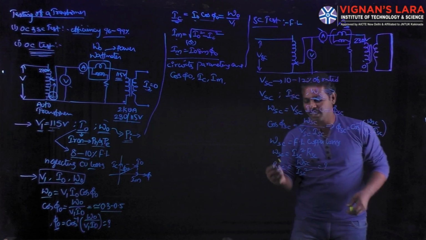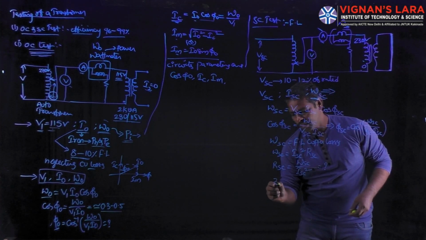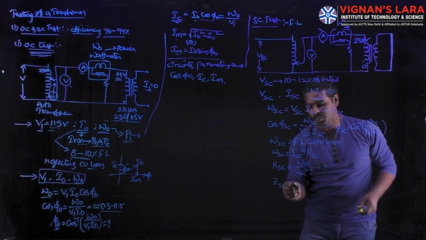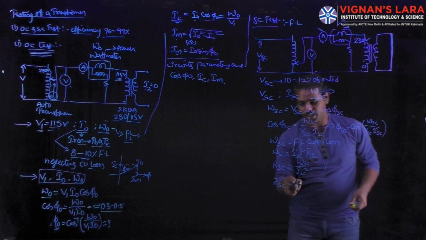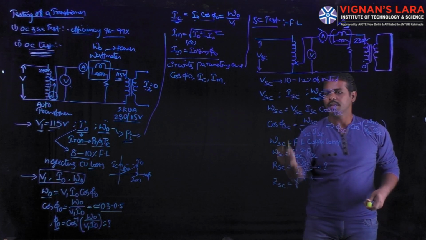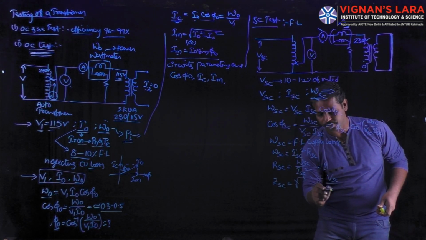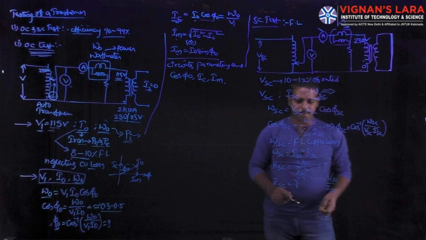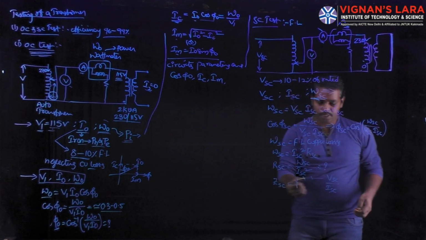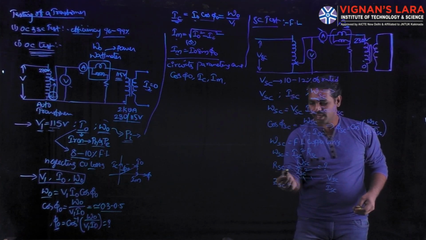What about the ZSC, the short circuited impedance? Impedance ZSC is equal to VSC divided by ISC. The impedance value is known, and RSC is also known.